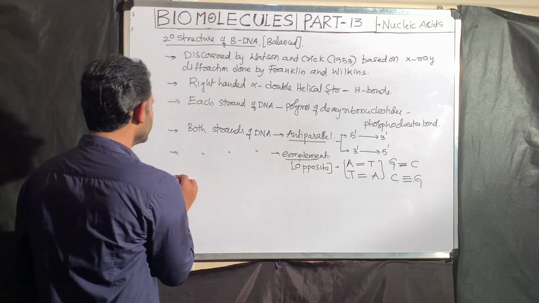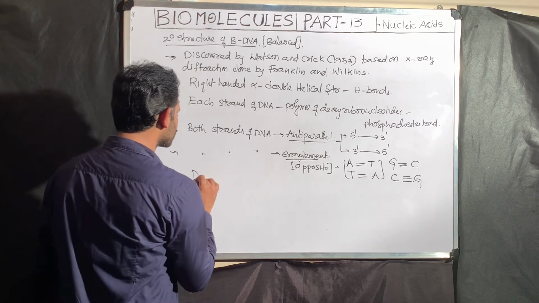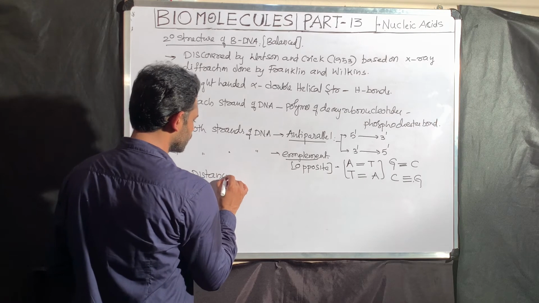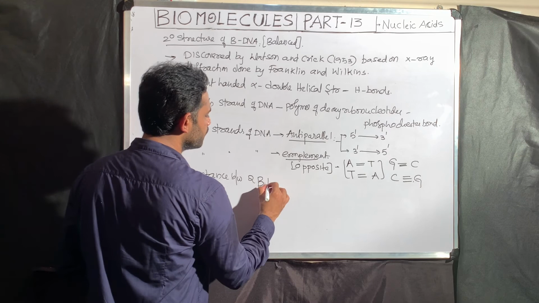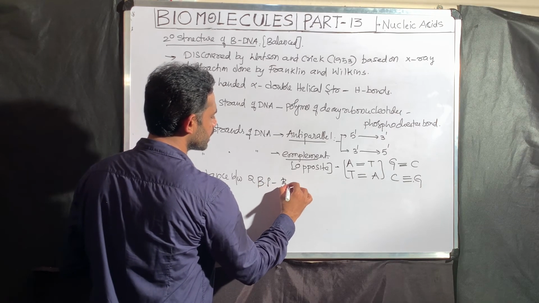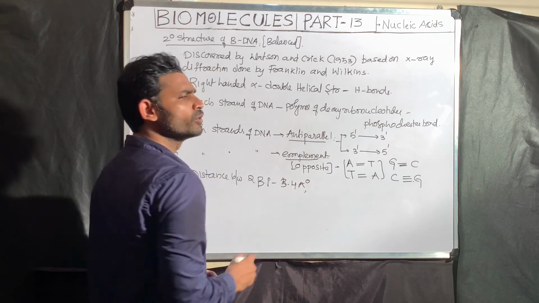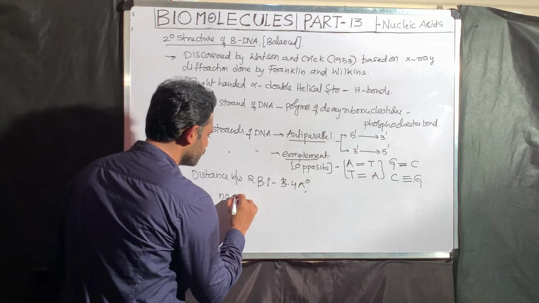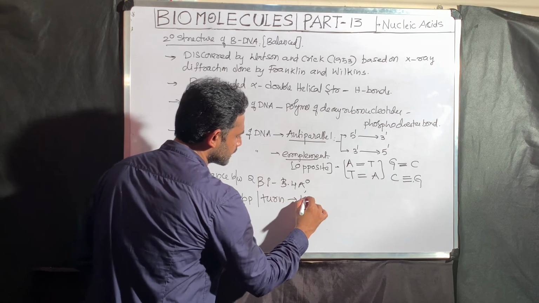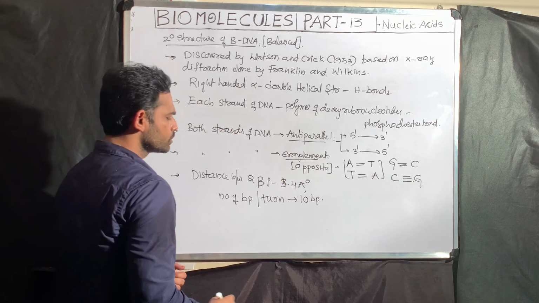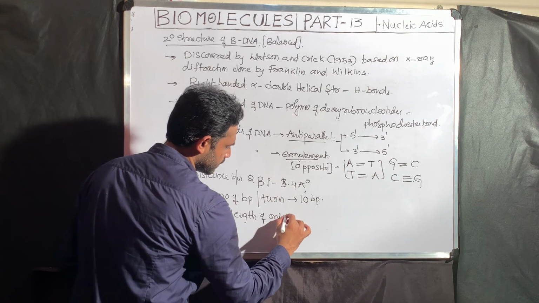The next point is the dimensions of B DNA. The distance between two base pairs is about 3.4 angstrom. The number of base pairs per turn is 10.